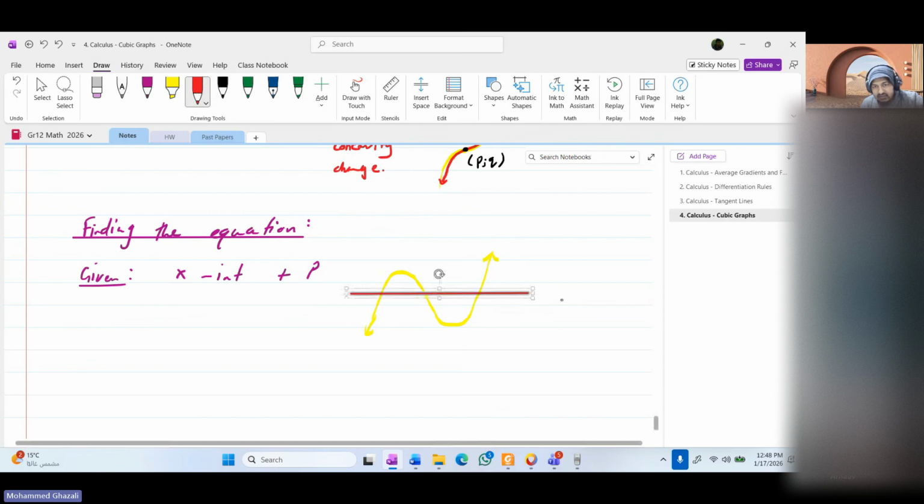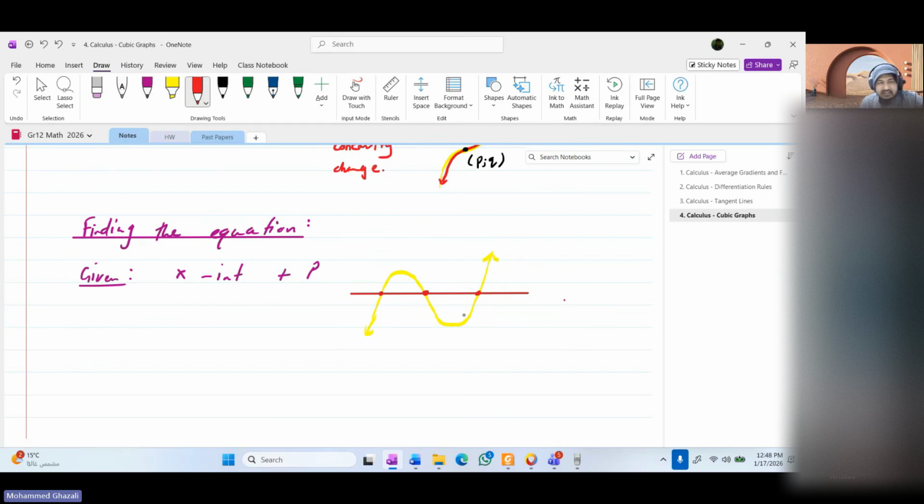It means we have a graph with three x-intercepts, 1, 2, 3, and another point P is given somewhere around there. So we need to start off with this equation: y equals a into (x minus x1) into (x minus x2) into (x minus x3).